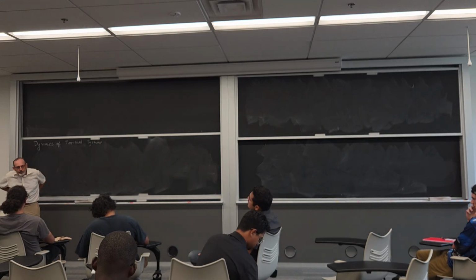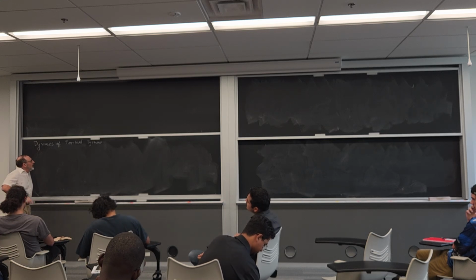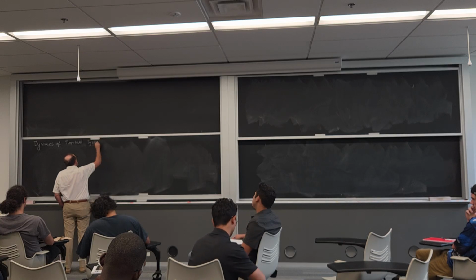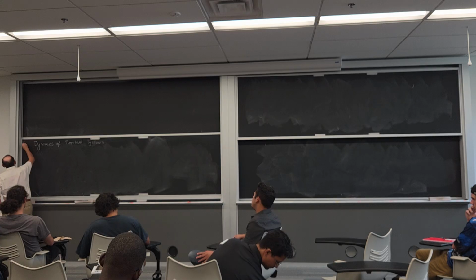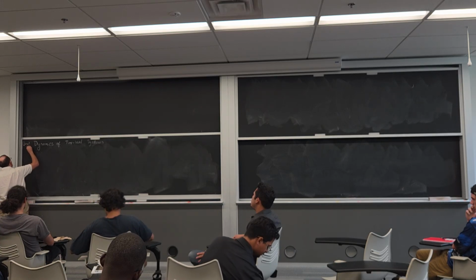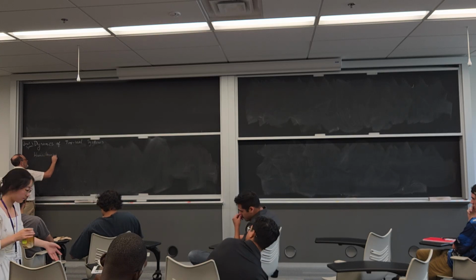And when we're talking about dynamics, I'm talking about closed system dynamics. Then the dynamics is described in terms of the Hamiltonian and the Schrodinger equation, as we know.